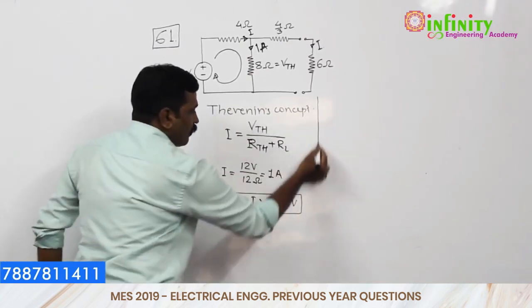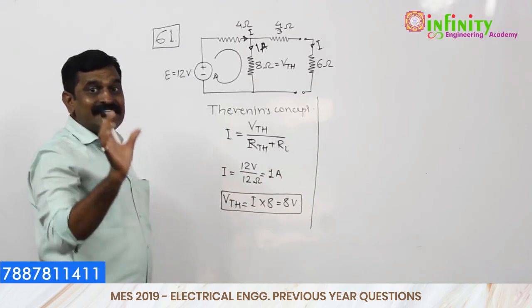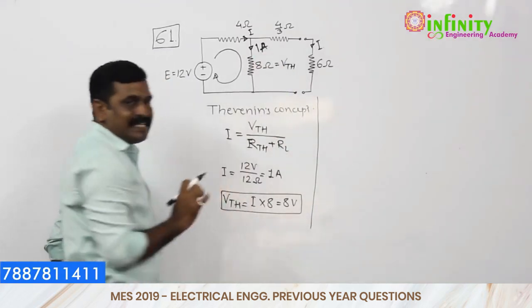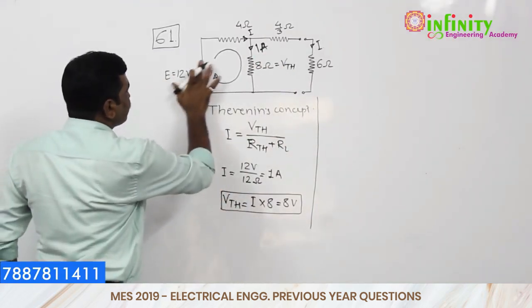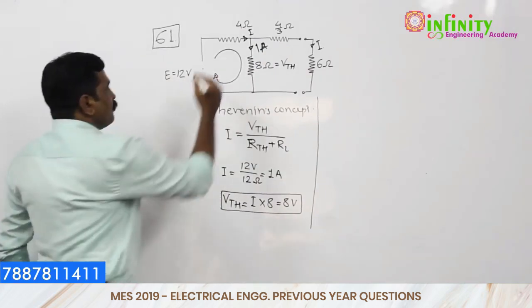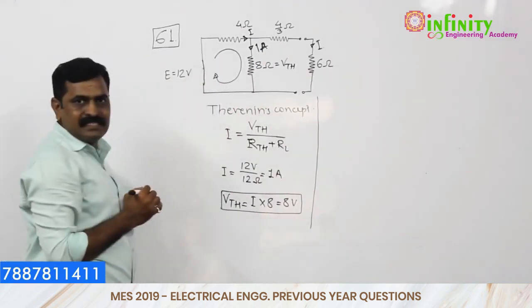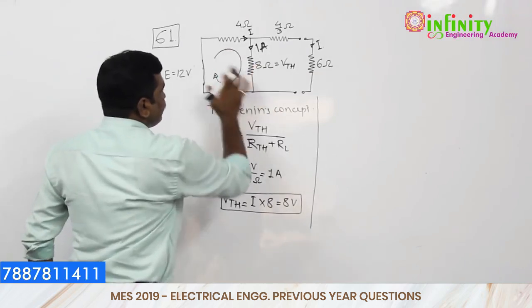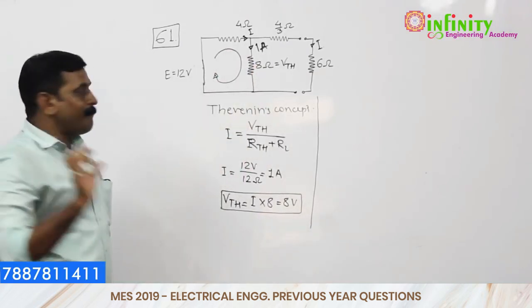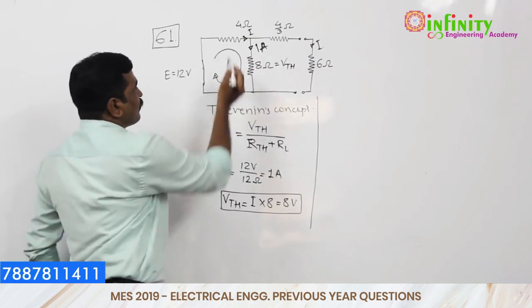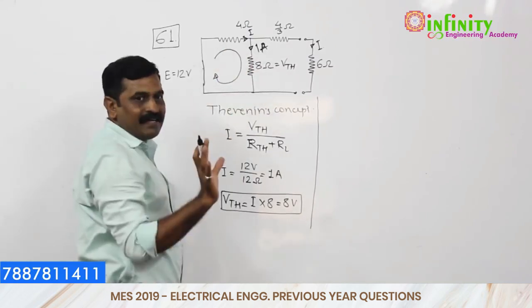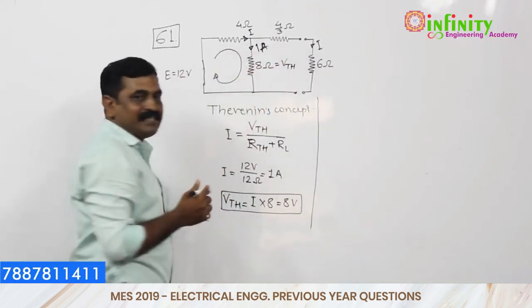Now the Thevenin's equivalent resistance. To consider the resistance we have to short circuit the voltage source. So we'll just short circuit this particular source, and if we consider this as a pure passive component, that means a resistive network, these two resistances are parallel with each other and this is in series with that particular part.